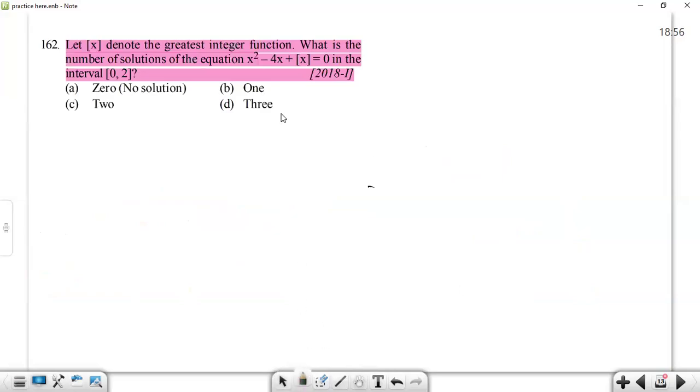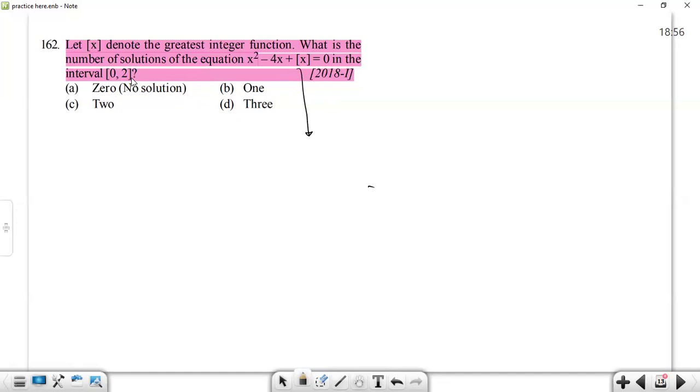So let [x] denote the greatest integer function. What is the number of solutions of x square minus 4x plus [x] equals 0, where the interval lies between 0 to 2? Okay, so I have to find the number of solutions. Let's find it out.